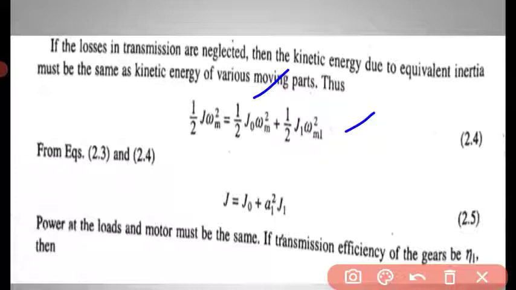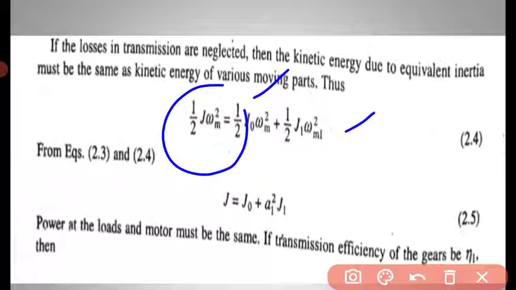Means here the total kinetic energy is nothing but the sum of the two loads connected here.